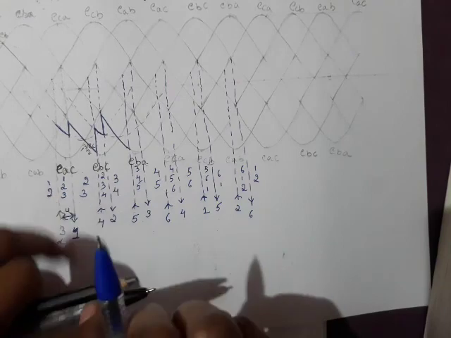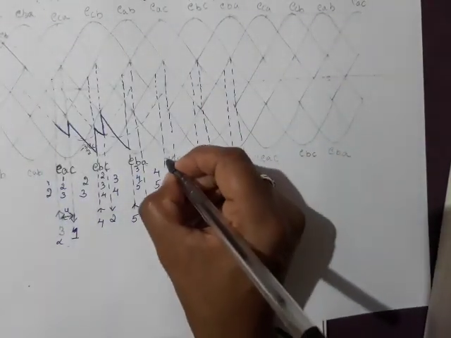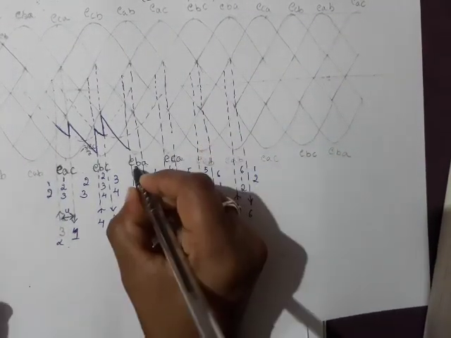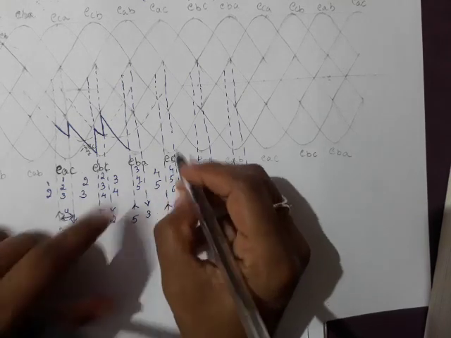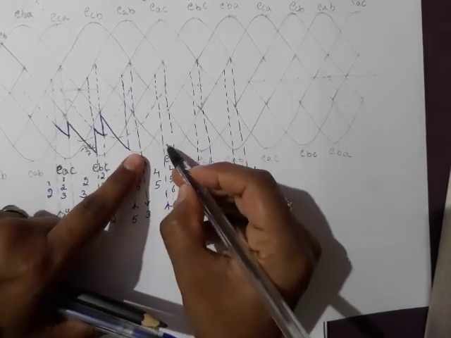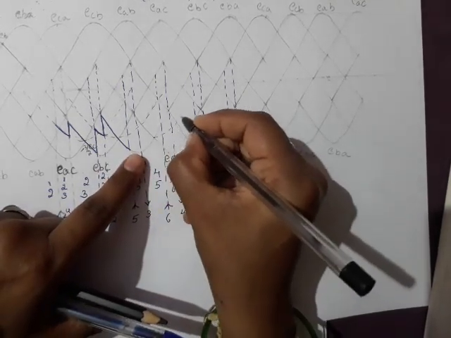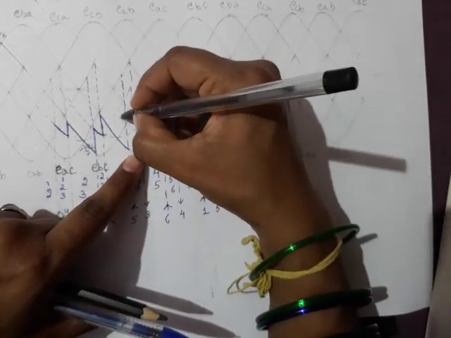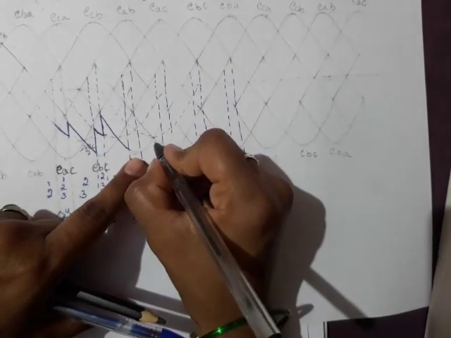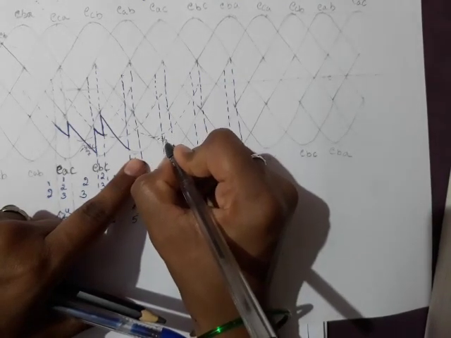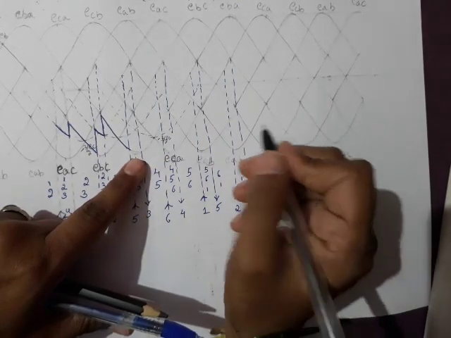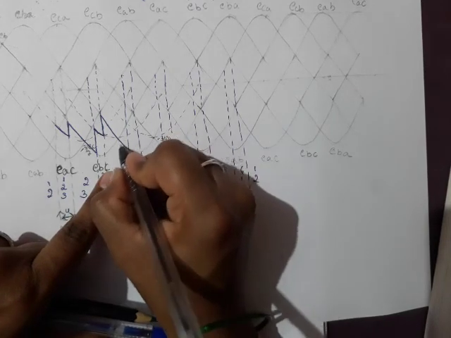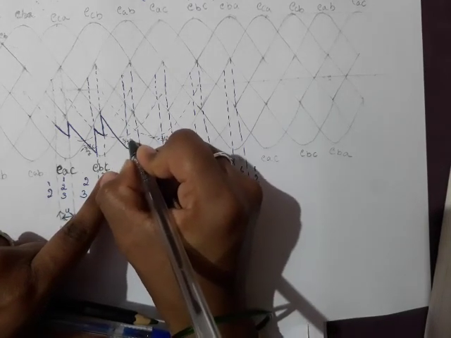Here we have EBA. Here we have ECA. EB minus EA, EC minus EA. So between these two line voltages, I will get my phase voltage minus EA. So since of higher amplitude, this is minus 3 by 2 times of EA. Okay. This one I didn't write. So this is 3 by 2 times of EB.